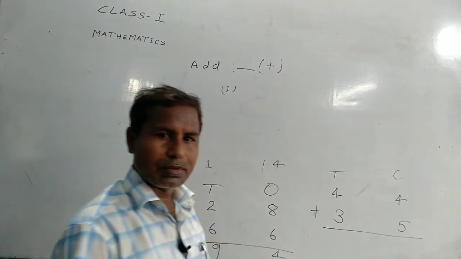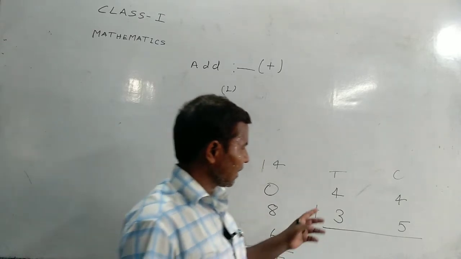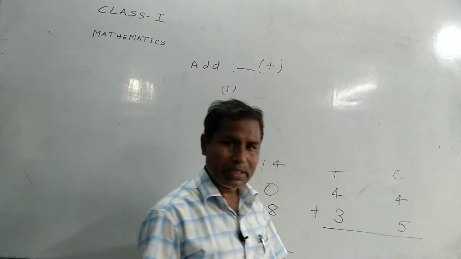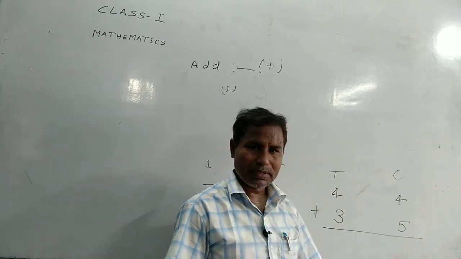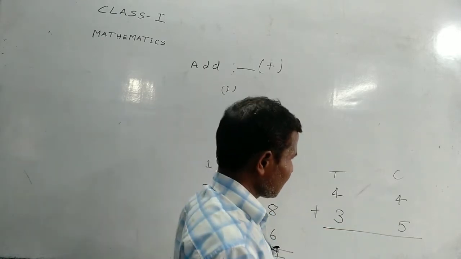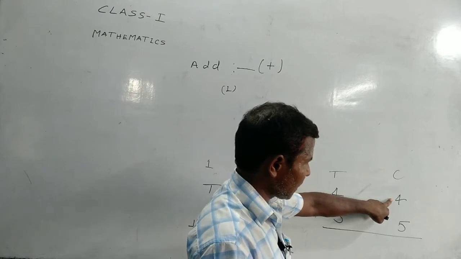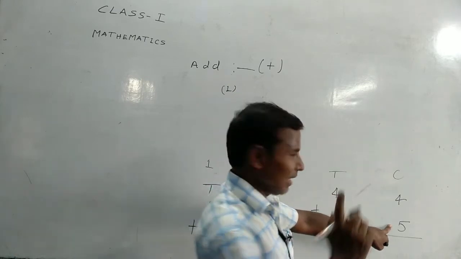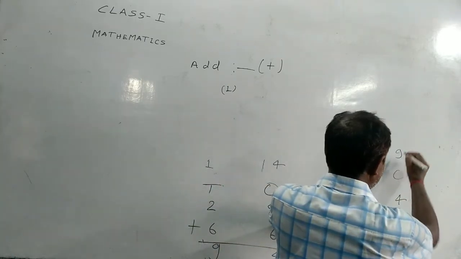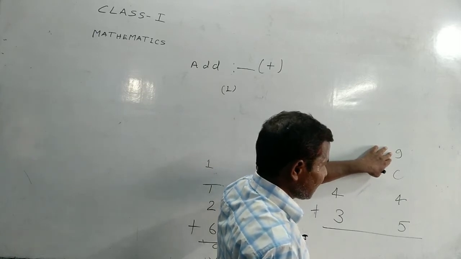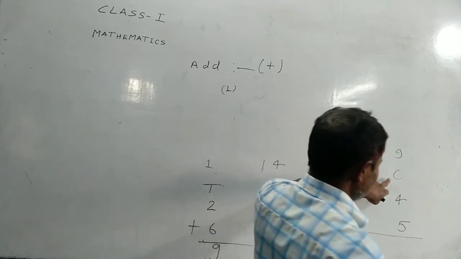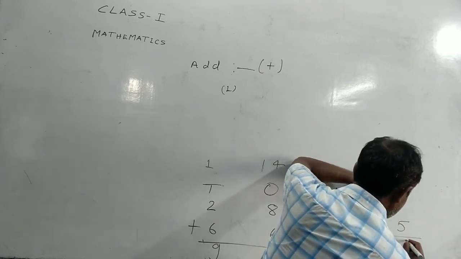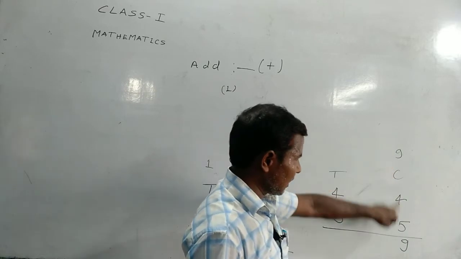Now you have to find out the sum of 44 and 35. The sum of 4 and 5 is 9. Only one digit here. 9 is written under 4. You write down 9 under ones.